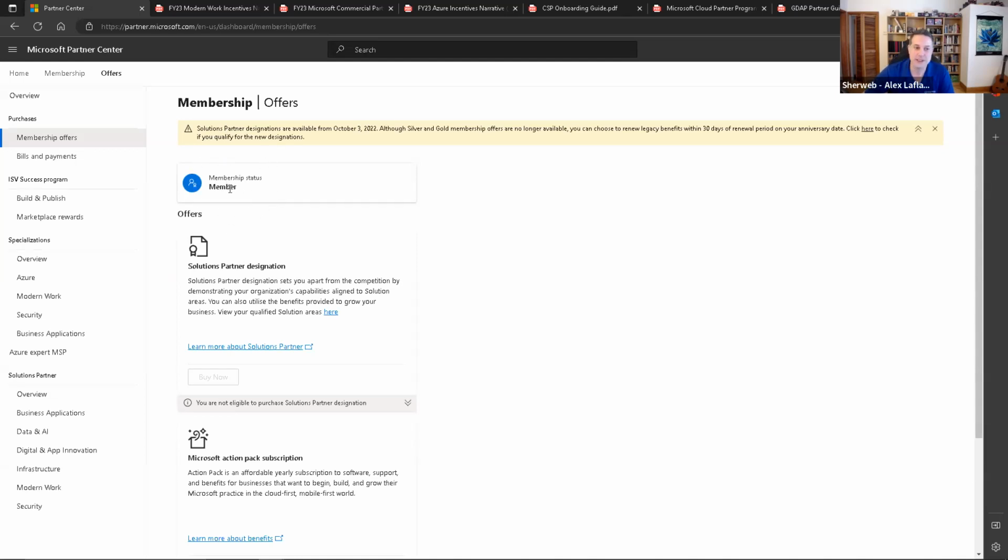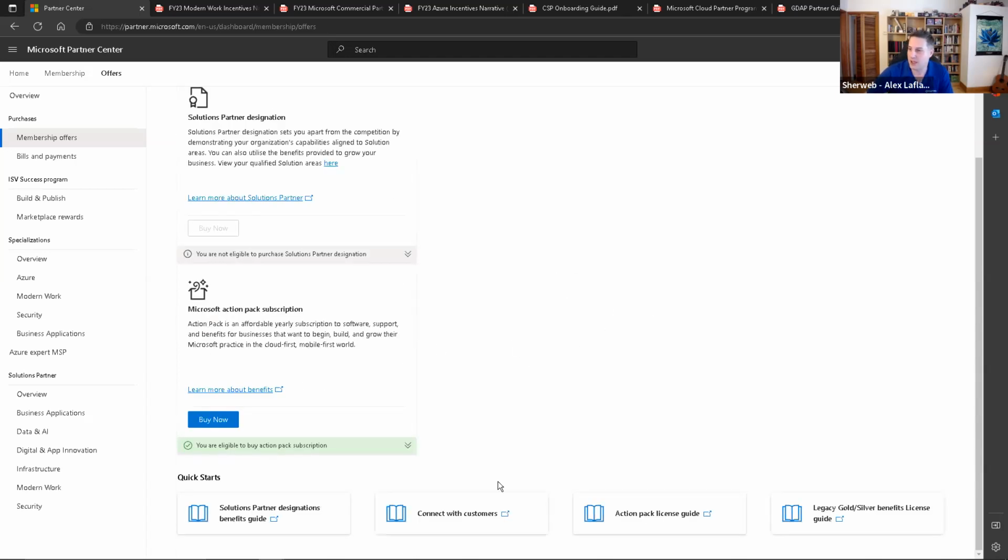A lot of you will see the member, and right below it, a subtext that will say legacy silver benefits or legacy gold benefits, which means that you were a silver or a gold partner before the October 1st change. If that is the case, great for you, because that means you will also have a section on the bottom right here that will show a little trophy and a date of your renewal.